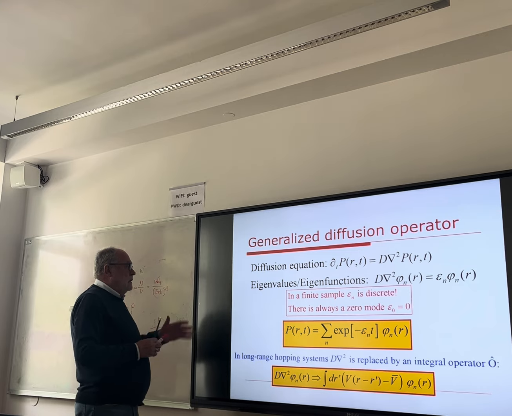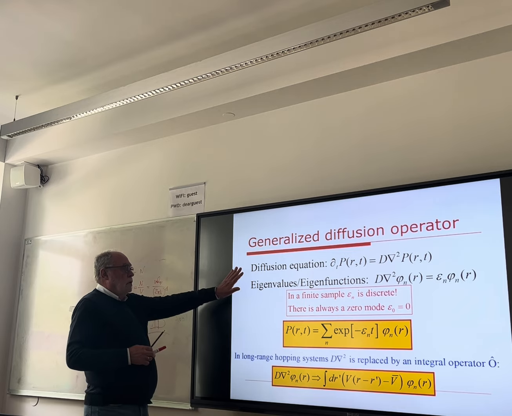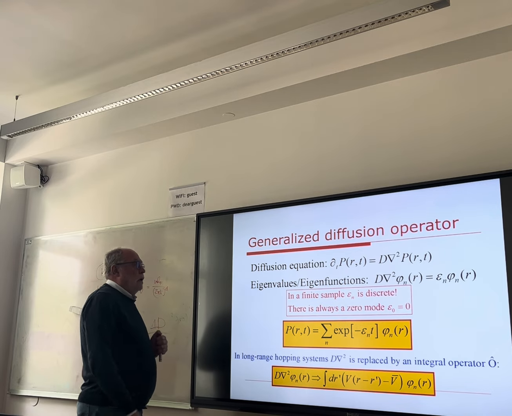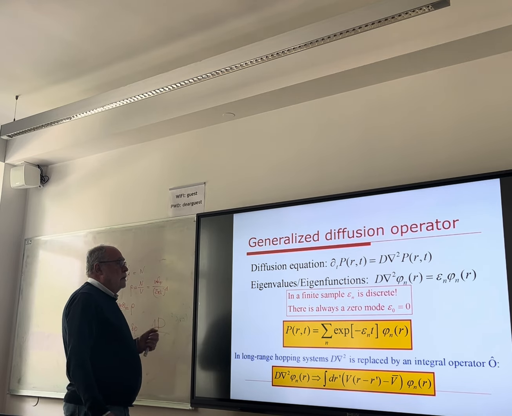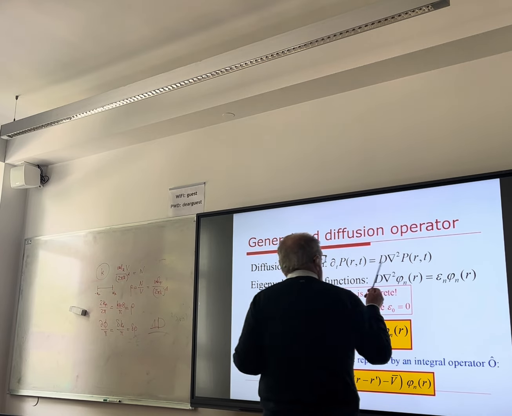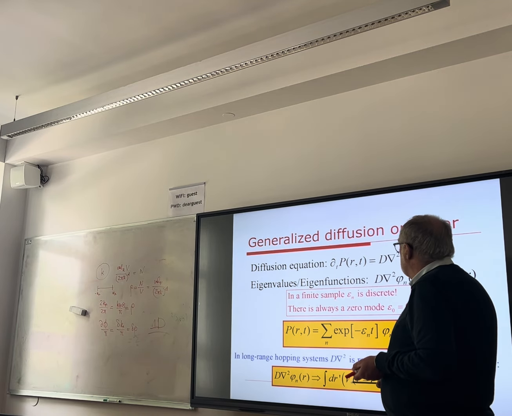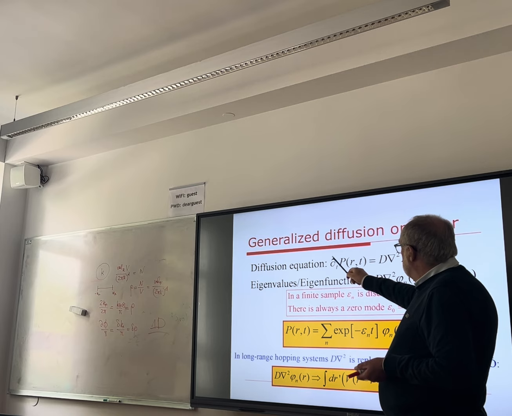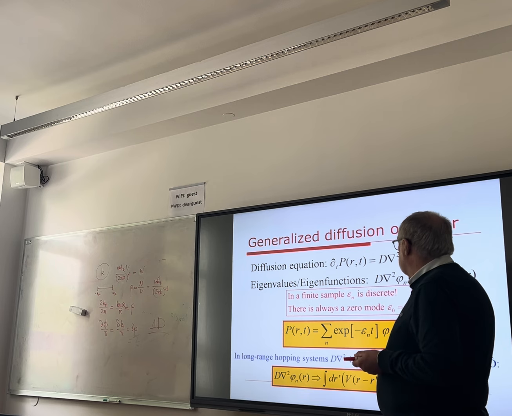So let's start from usual diffusion. Take the usual diffusion equation. And then you see this is an equation which differs from the Schrödinger equation only by a factor here, because in the Schrödinger equation there is i here, and in the diffusion there is 1.